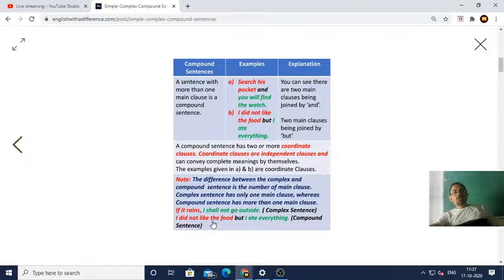Coordinate clause means those clauses, those sentences which are independent and express complete meaning. So I did not like the food and I ate everything are also called coordinate clauses, and they are also called main clauses. So those sentences where we have more than one main clause are called compound sentences, but in a complex sentence we have only one main clause, okay.